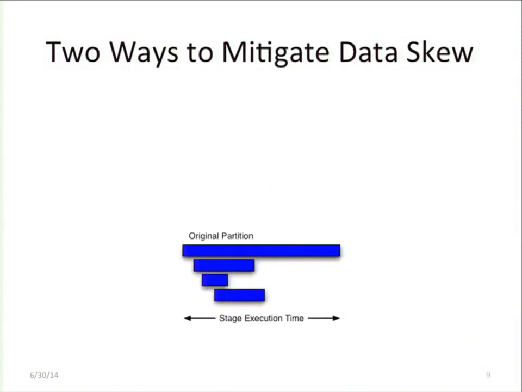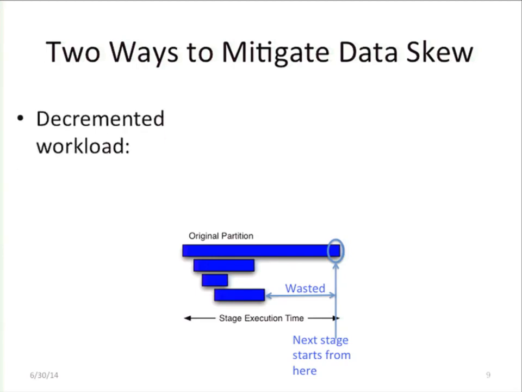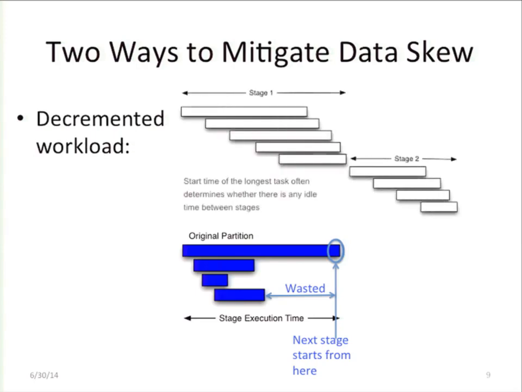What you can see here is a problematic partitioning. We know the next stage will only start from the end of this longest task. So basically, this period of time is wasted for your application. So the first way we do it, we call it decremented workload.